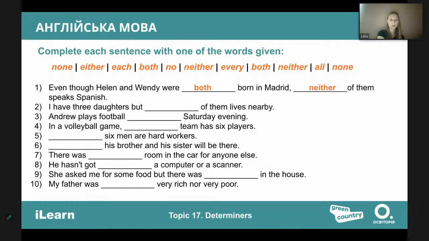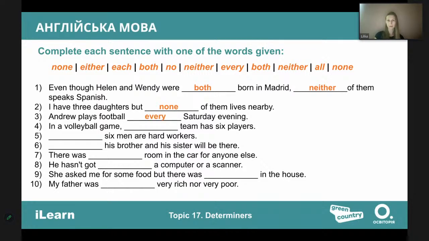Okay, number 2. I have 3 daughters, but none of them. So you see, neither when we choose out of 2, none if we have more things to choose from.